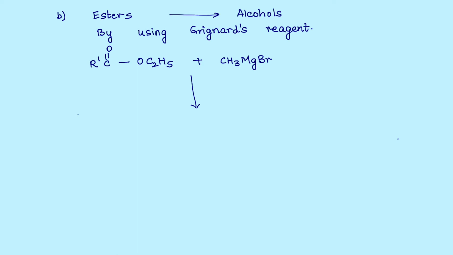Now, R-COOC2H5. I've taken a general formula for the ester, right? By the way, if you do not know, esters are compounds wherein the hydrogen of the carboxylic acid is replaced by an alkyl group.